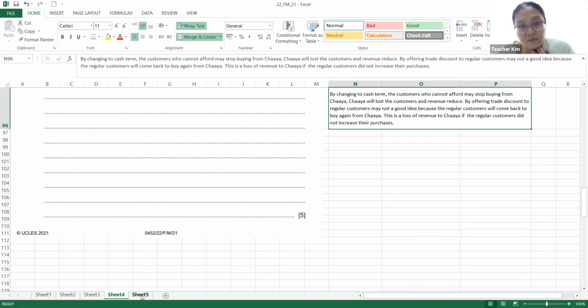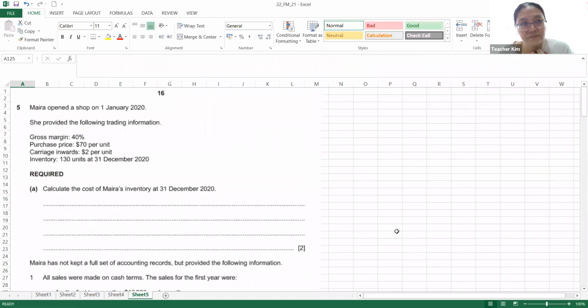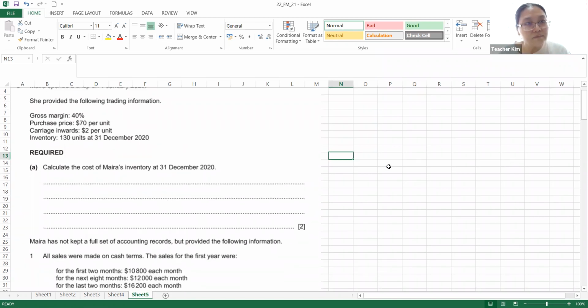Okay. Next is the last question. Maria opened a shop on 1st Jan 2020. She provided the following trading information: gross profit, purchases, carriage inwards, inventory. Calculate the cost of Maria's inventory. So here they want to find the closing inventory.